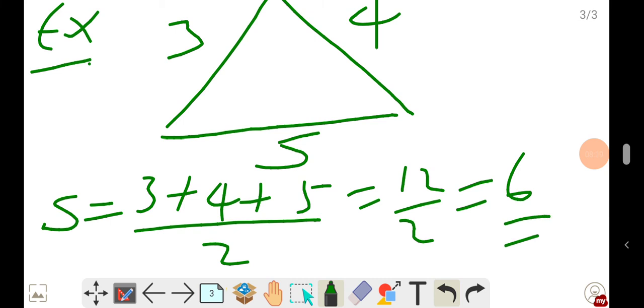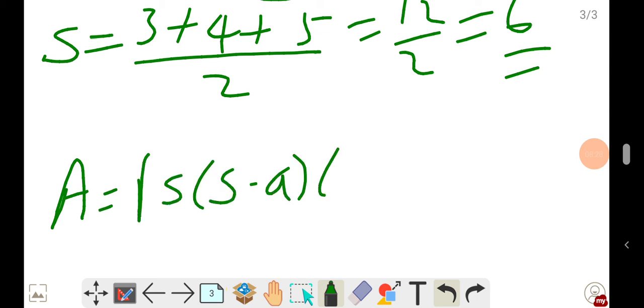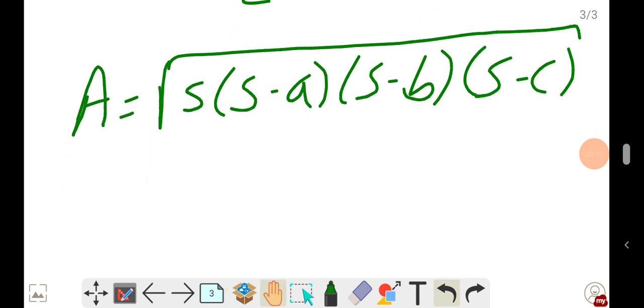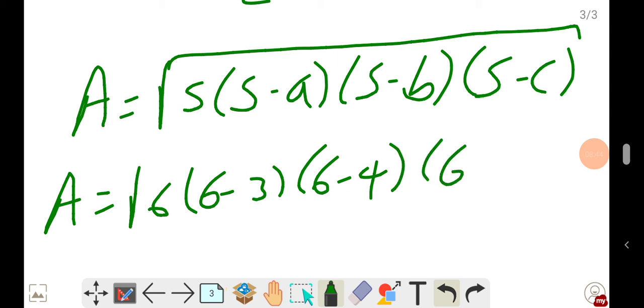This is S. Therefore, the area of the triangle is the square root of S in brackets, S minus A, S minus B, S minus C. A, B, C are the three sides. Therefore, the area will be the square root of 6 times 6 minus 3, 6 minus 4, and 6 minus 5.